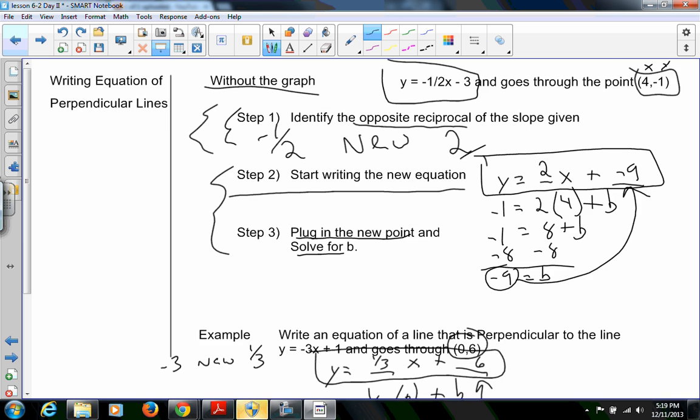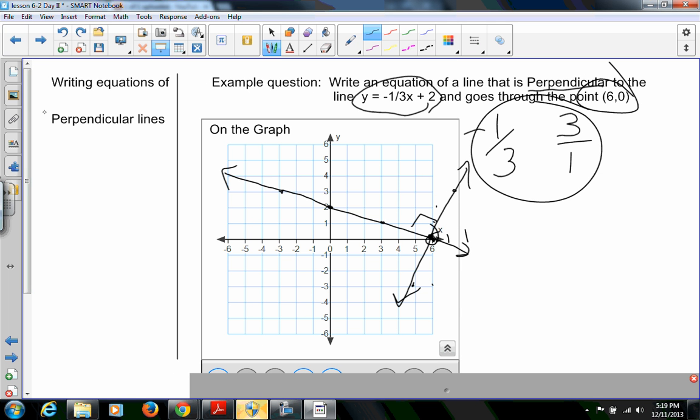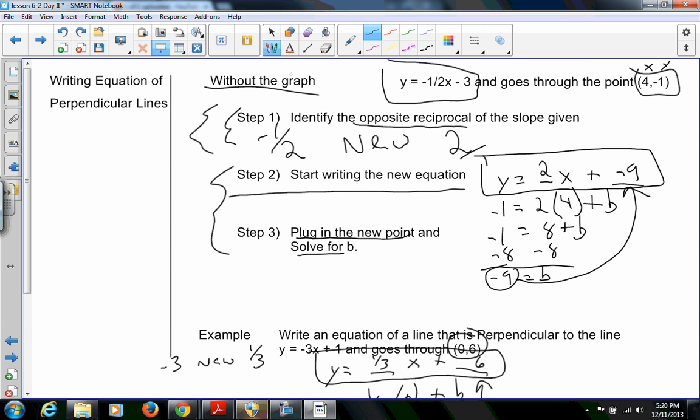First way that we talked about, remember, was how to do it on a graph. First, graph the original line, find the opposite reciprocal slope, and make sure that you start at that original point that you go through and use your new slope to go to the next point. And then after that, we talked about how to do it without the graph, which is very similar to what we've been doing before.